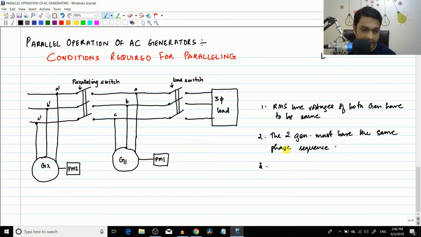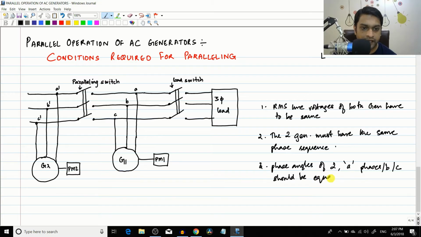The third thing is that the phase angles of the two generators, since you have three phases here, for the A phases, or B or C, should be equal.